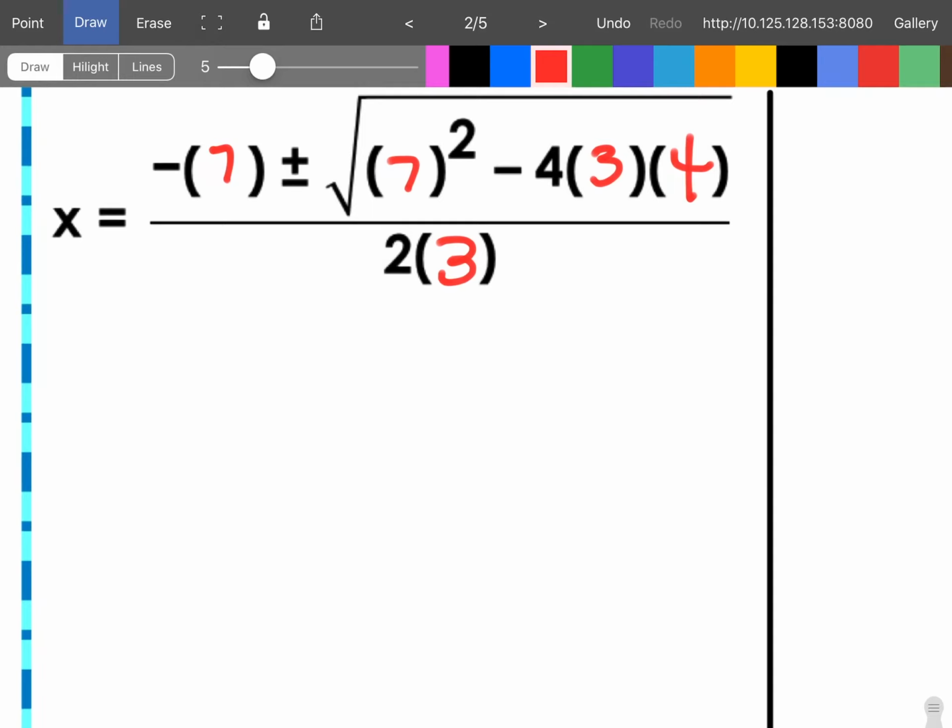All right, so we have negative 7 plus or minus the square root of 7 squared would be 49. And then negative 4 times 3 times 4 would be a negative 48.